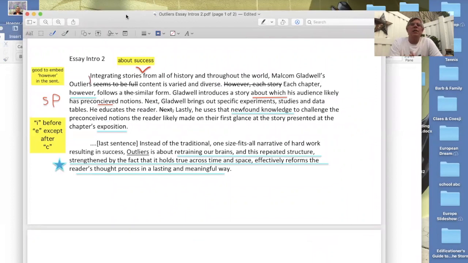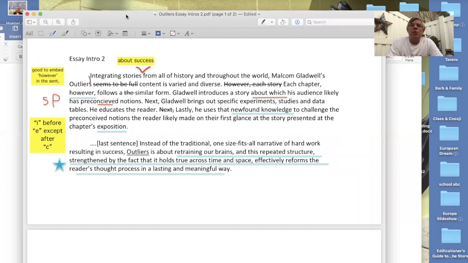The first thing I did was add that about success at the top because it seemed a little bit vague. What is Gladwell's book about and what is he talking about? So integrating stories about success, I just threw that in. It needed a little bit more context. When she was crossing out, I did like that she embeds "however," that's one of my pet peeves.